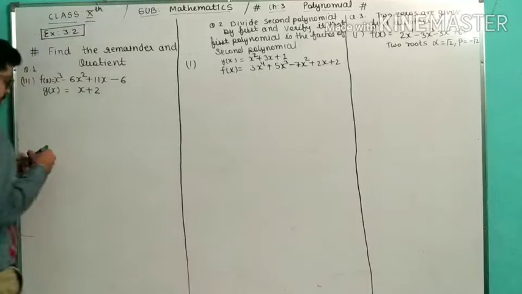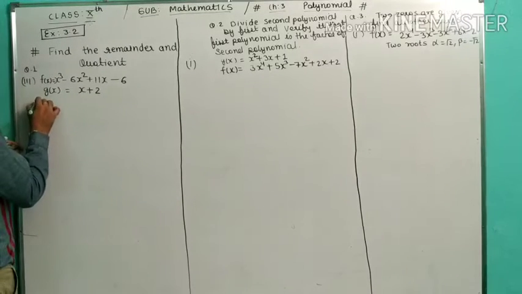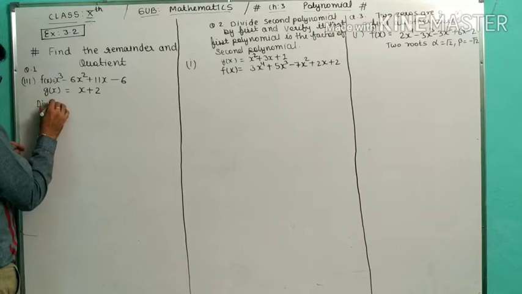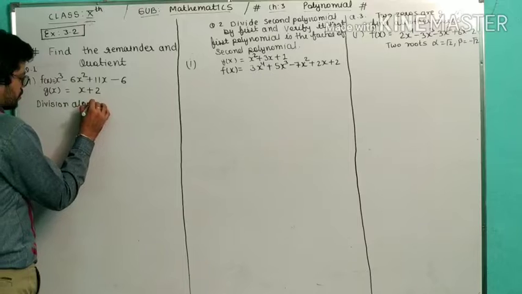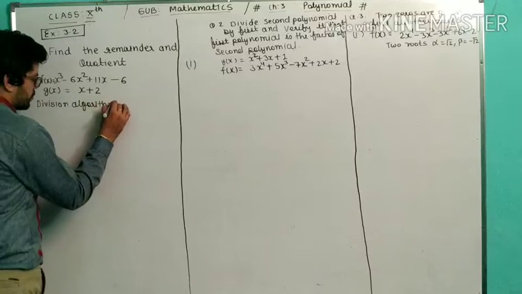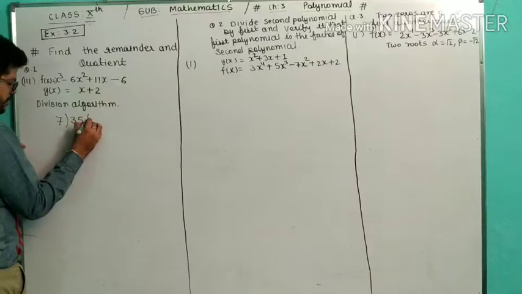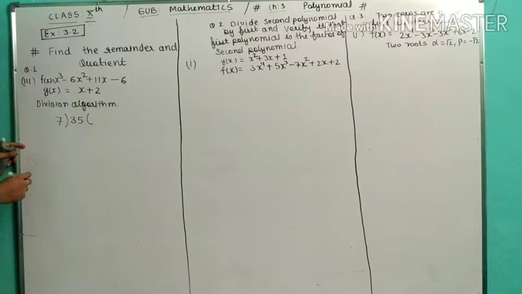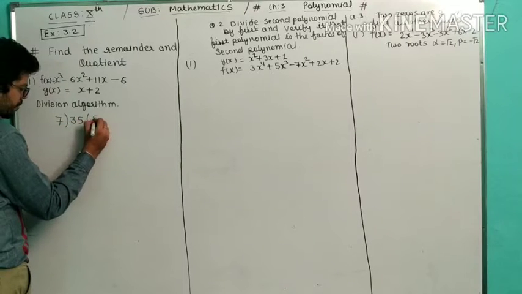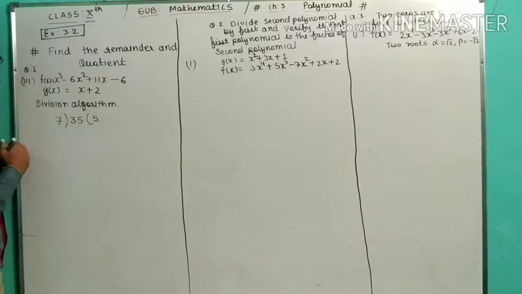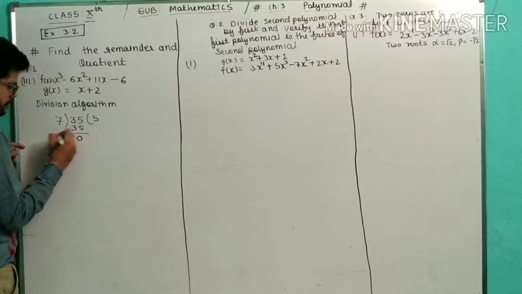So let's first try to understand the division algorithm. What do you mean by division algorithm? I hope you understood this in your previous class. If 35 is divided by 7, how many times will it go? 5 times, which means the remainder is 0.